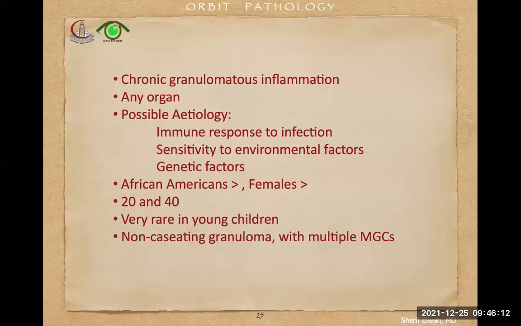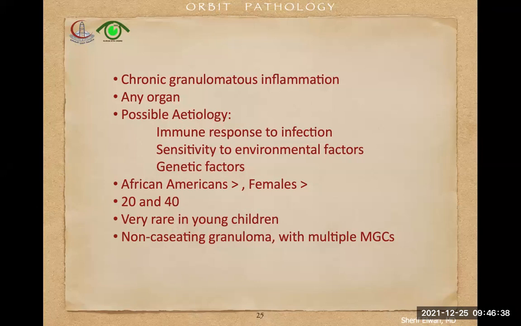The possible etiology so far, we have theories, nothing sure. It might be an immune response to some sort of infection. It might be a sensitivity to an environmental factor, and probably there is a genetic factor. Why genetic factor? Because it's known to be commoner in African Americans. As well, it's more in females.